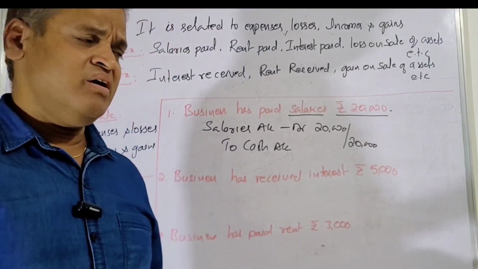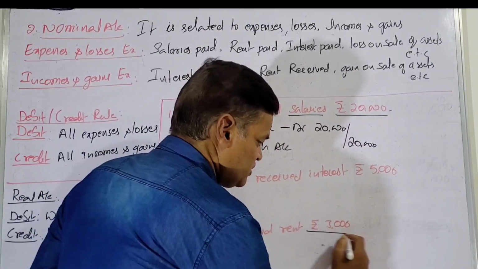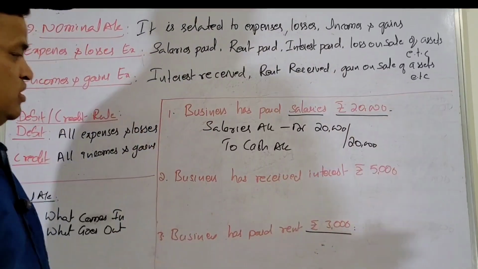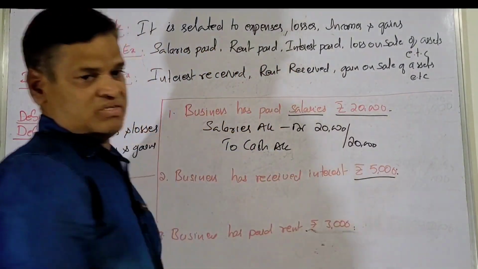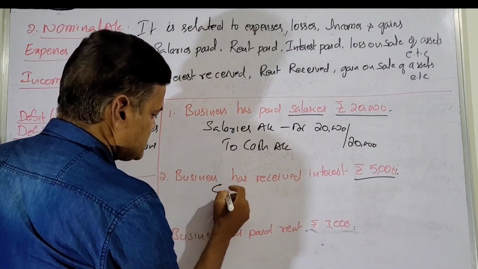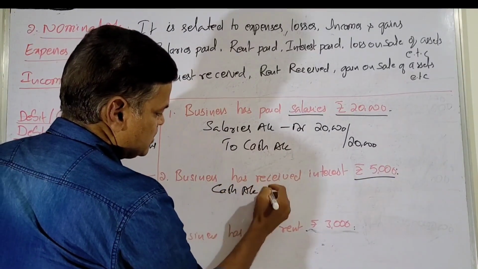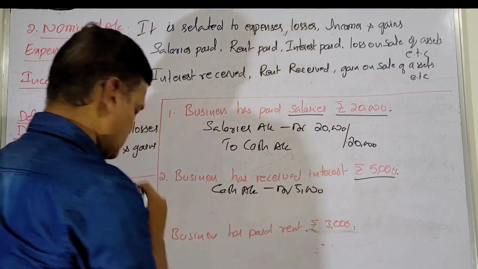What asset is coming here? Cash is coming here. 5,000 rupees cash is coming into the business. Hence we can write cash account debit 5,000 rupees, right? We got the answer in real account.